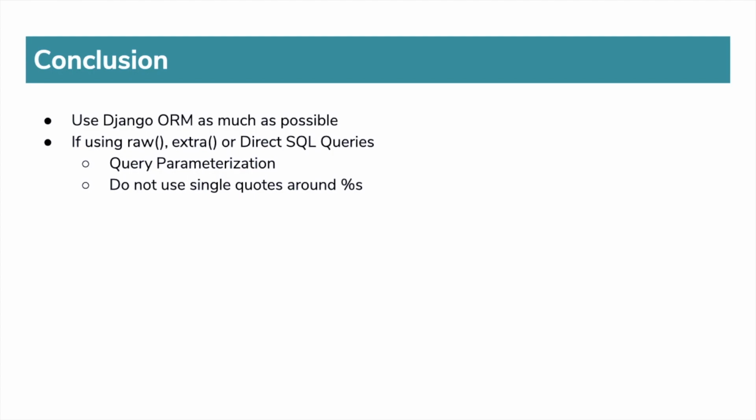So when we are using that, ensure that we are parameterizing that query and not putting single quotes around %s. These are the two things that we need to be careful about when using raw, extra and direct SQL queries.